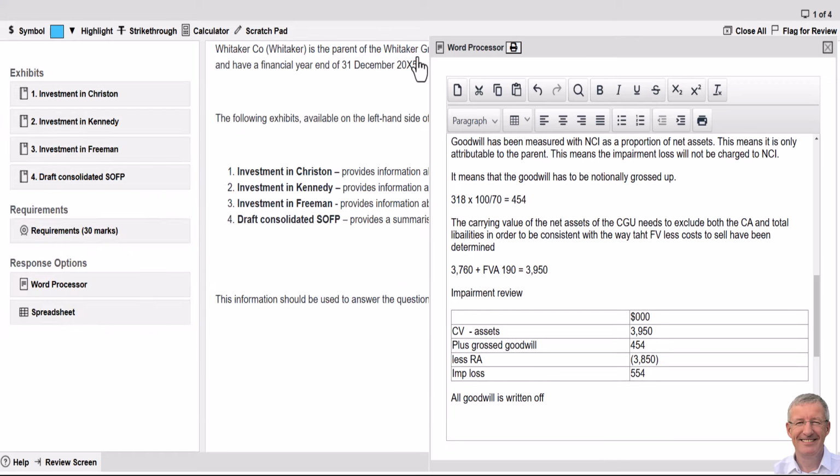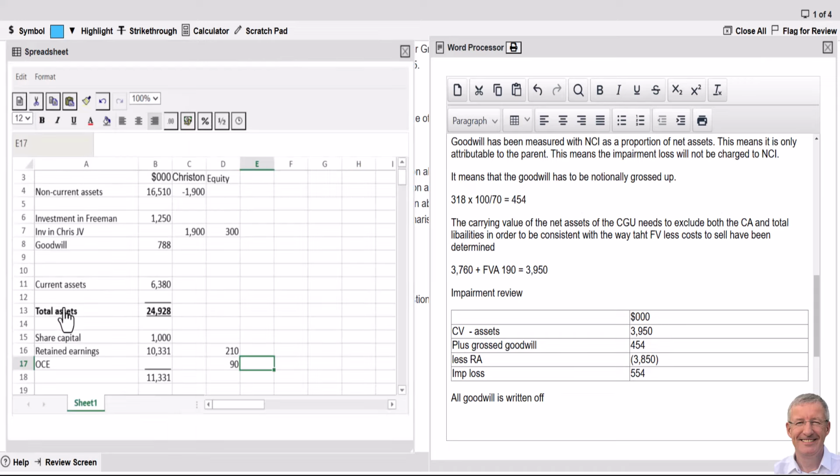So I'm answering the question holistically. The amount of goodwill I'm writing off here, so this is the goodwill impairment, is 318.